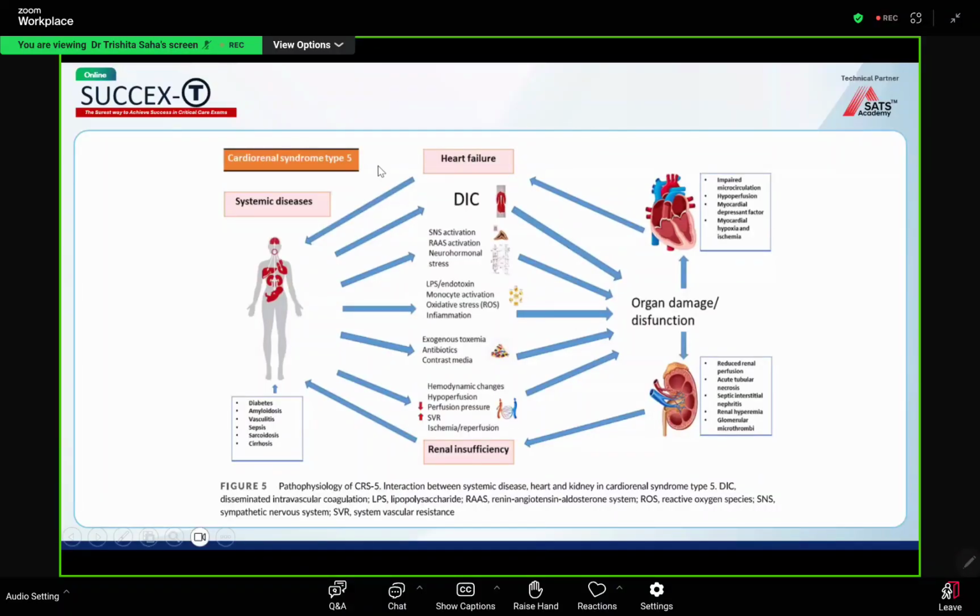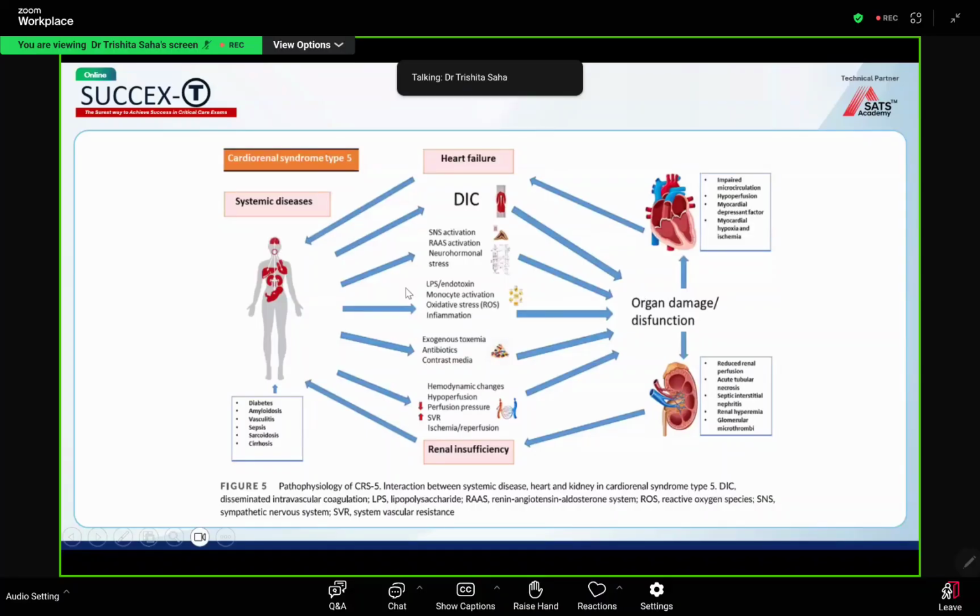Then cardiorenal syndrome type 5, where there are systemic diseases, which are many, that is diabetes, amyloidosis, vasculitis, sepsis, sarcoidosis, cirrhosis, in which there is basically a crosstalk between all the organs.